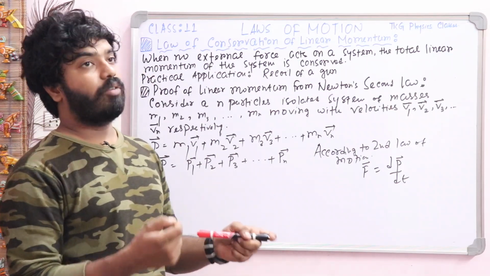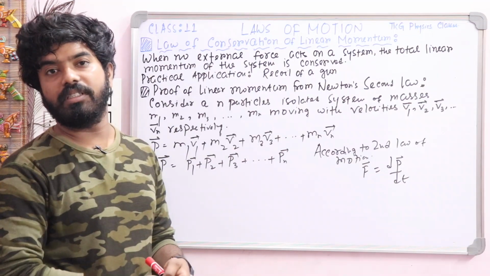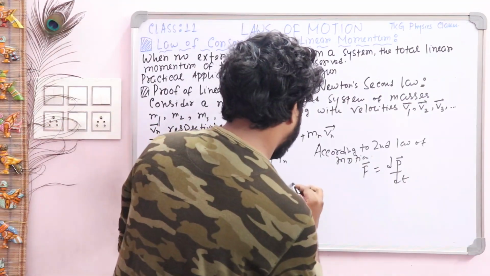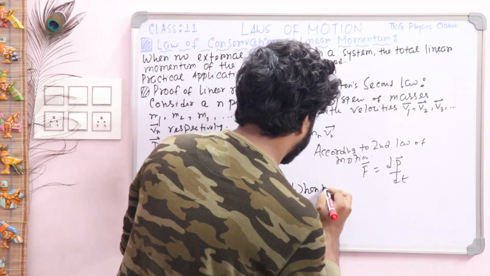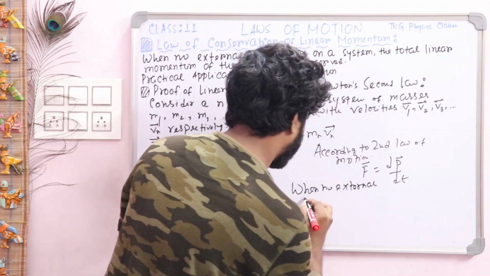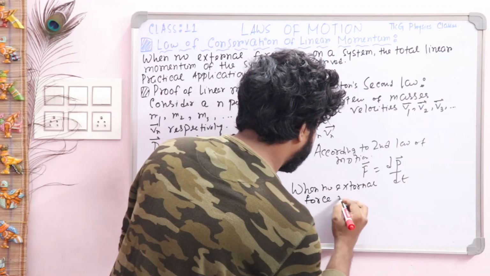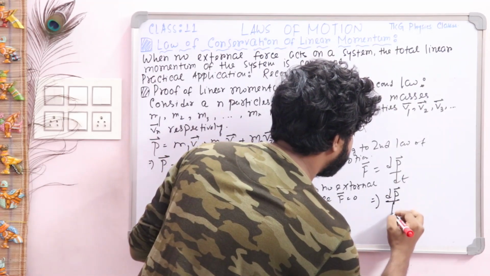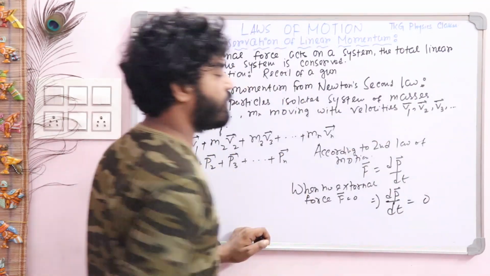Now when no external force acts on the system, that is F is equal to 0, so you can write dp by dt is 0.